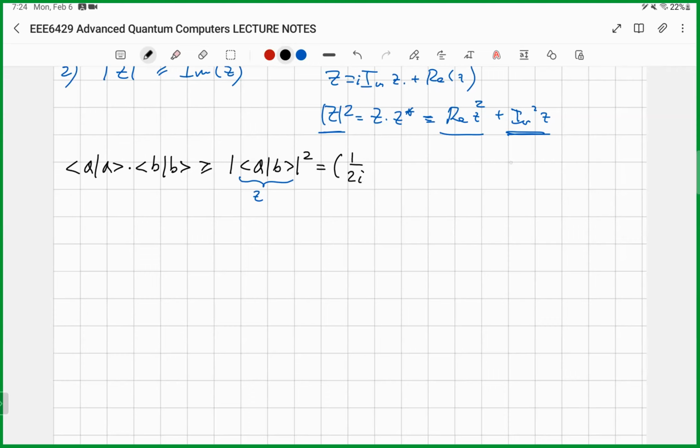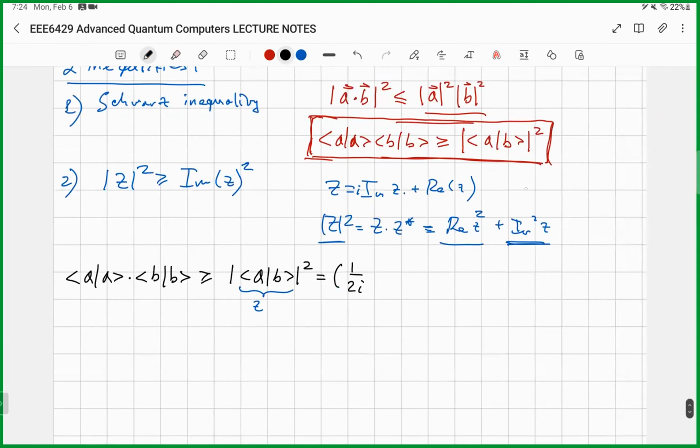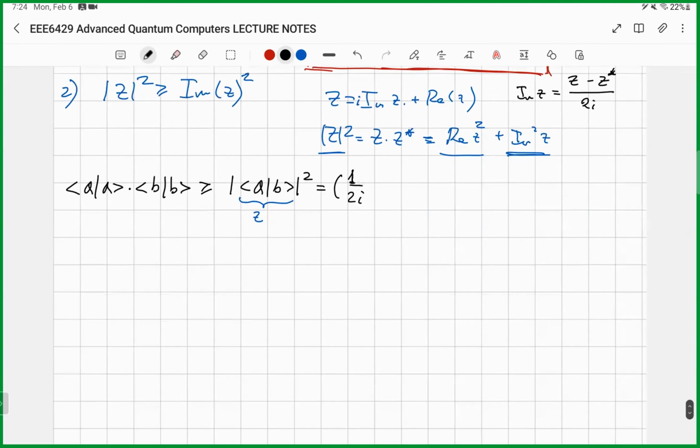So you remember that the imaginary part of any complex number is the number itself minus the number complex conjugated, divided by 2i. That's why I put this 2i here. And then the complex number itself, which is AB, right?